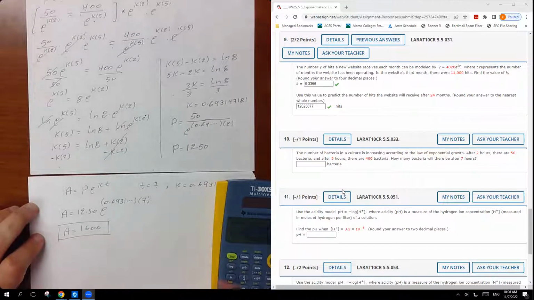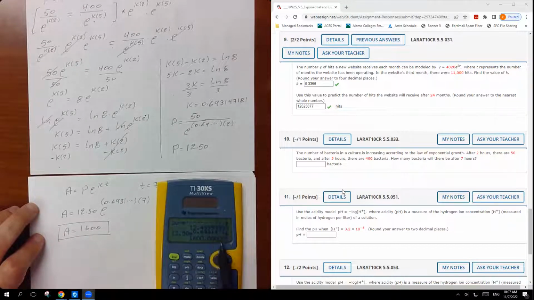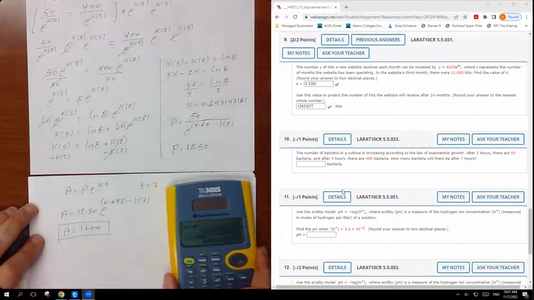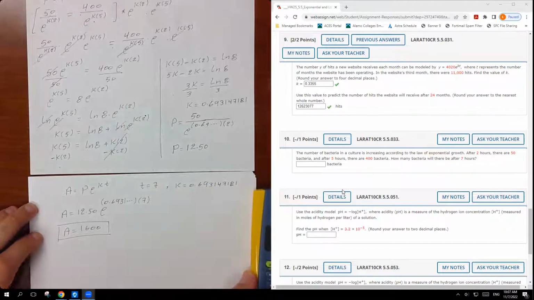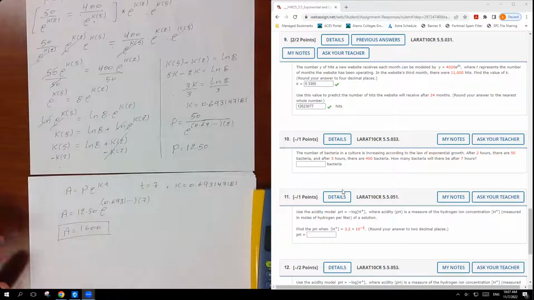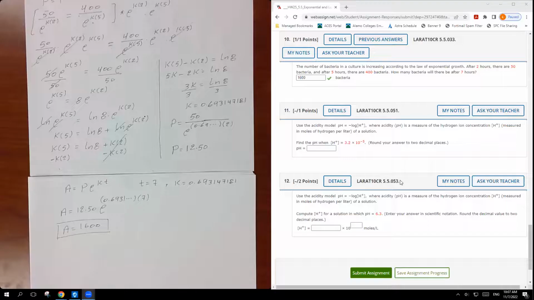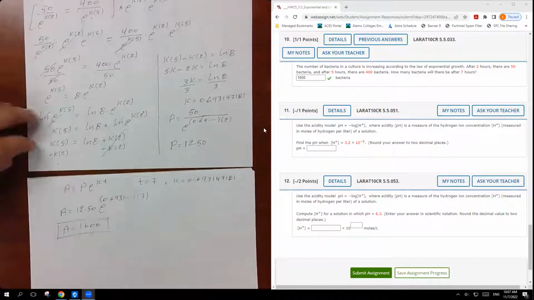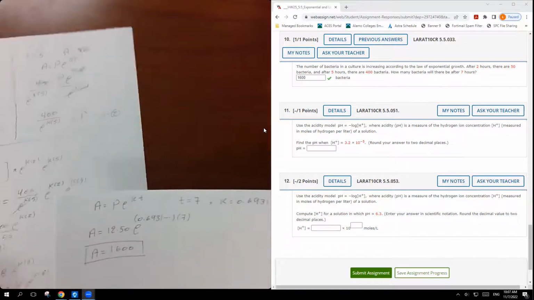Because all the zeros here, 0, 0, 0, 0 until 5, we can type 1600. That's it for this example. We're going to type here 1600. That's it for example 10. This is the hardest one. Let's keep going to example 11.